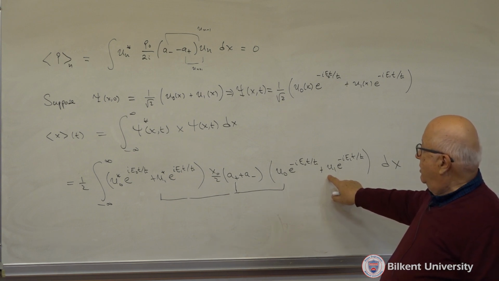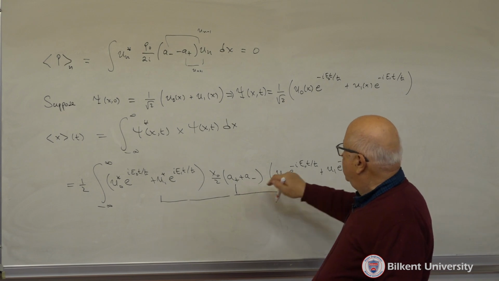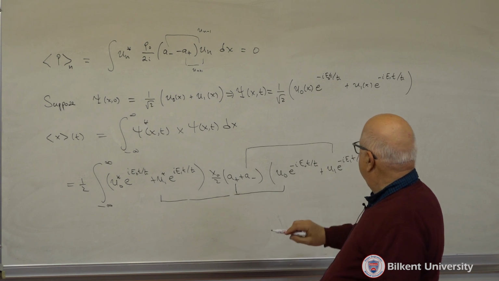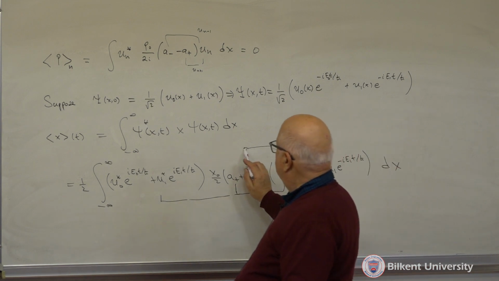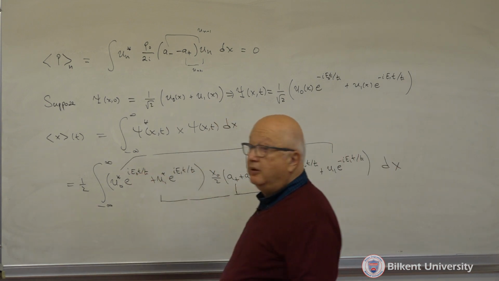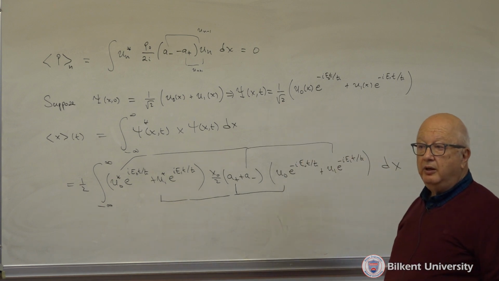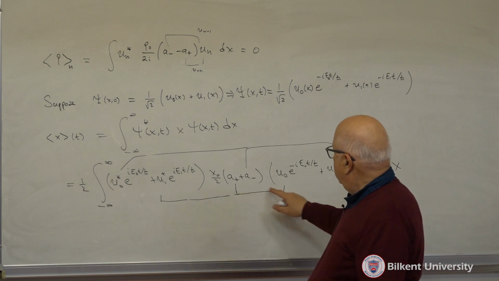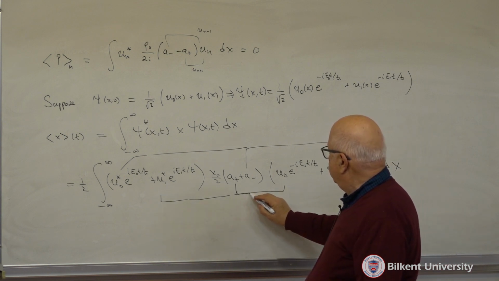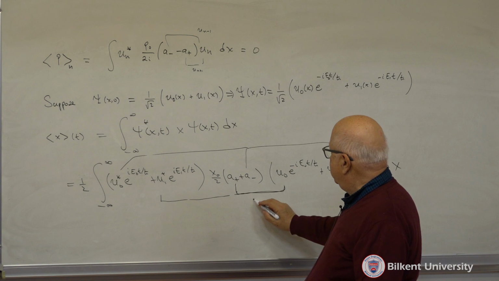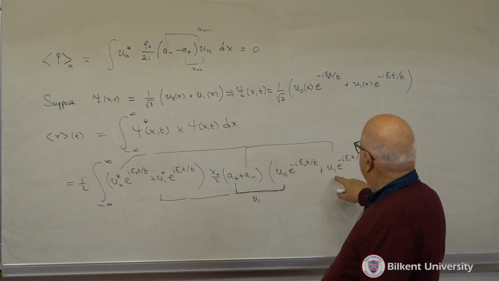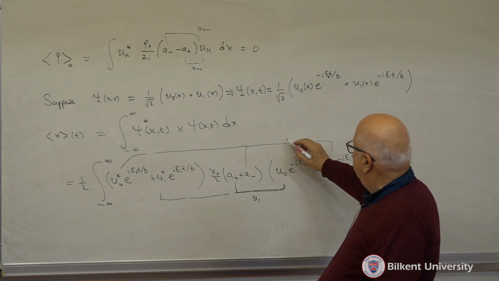Similarly, for a minus, the only term that's going to be finite is this one, with u0 on the left. All others are going to be 0. So a plus u0 is going to be just u1, and a minus u1 is going to be u0.